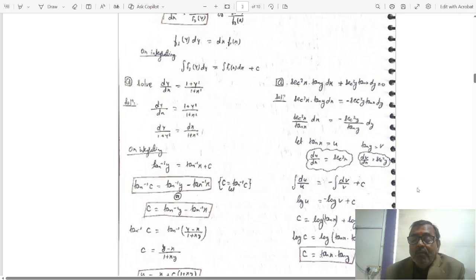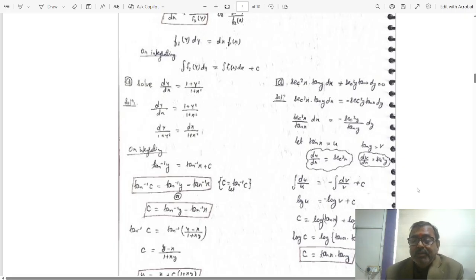Now after putting these values in the above integrations, we get 1 upon u du equal to minus 1 upon v dv plus c. So the integration of 1 upon u is log u, and of 1 upon v is log v.